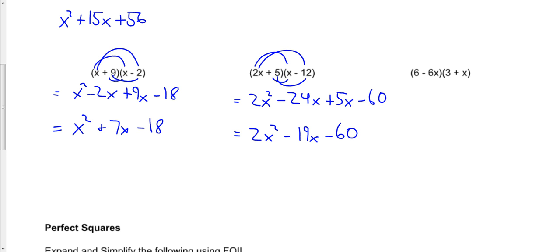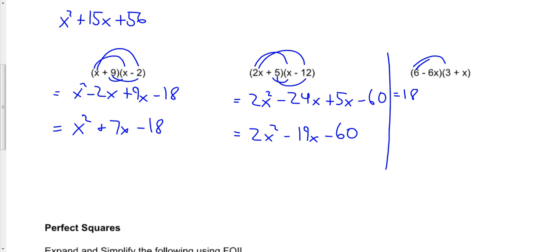The last example here that we'll carry through, again, we're doing the exact same thing. You'll notice that now our x terms are at the back, and that's okay. We're still going to multiply our first terms, our outside terms, our inside terms, and our last terms. So here I'm going to multiply 6 times 3, and that's going to give me 18.